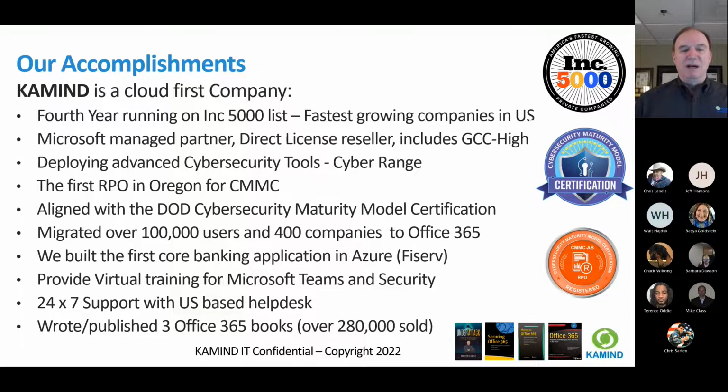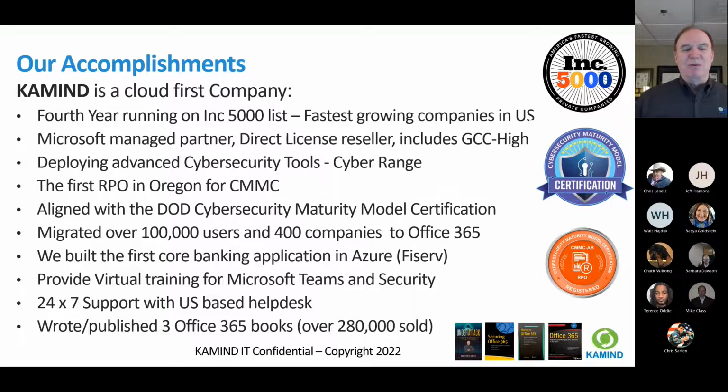We're also targeted to a lot of things in terms of CMMC and Office 365. And personally, I published 3 Office 365 books with over 280,000 copies sold, all about security and how you actually drive down IT cost.